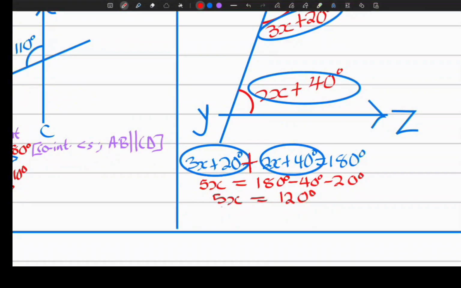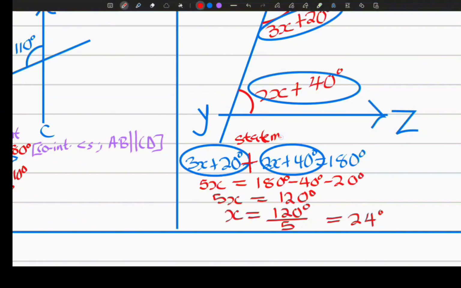Now all we have to do is to reverse the operation between 5 and x. That operation is multiplication, and the reverse of multiplication is division. So x is equal to 120 degrees divided by 5, which in turn gives us 24 degrees. Let's go back to our statement.